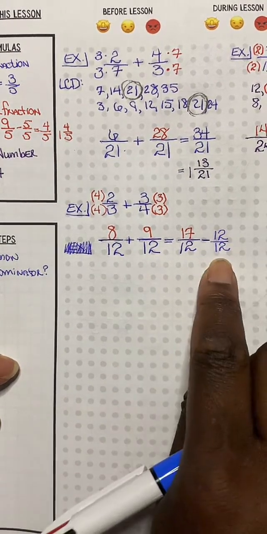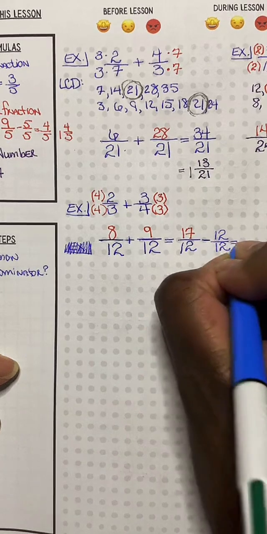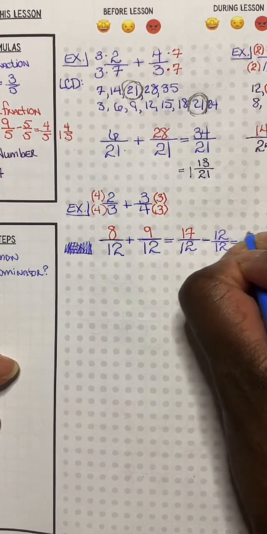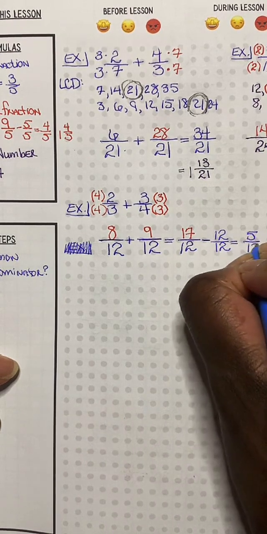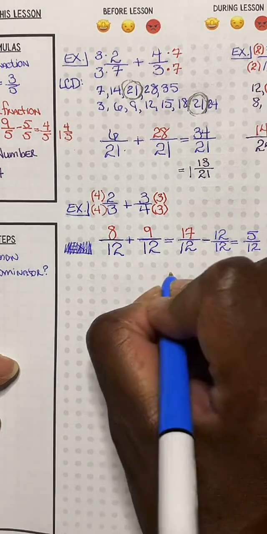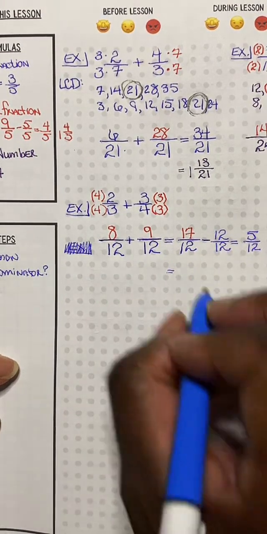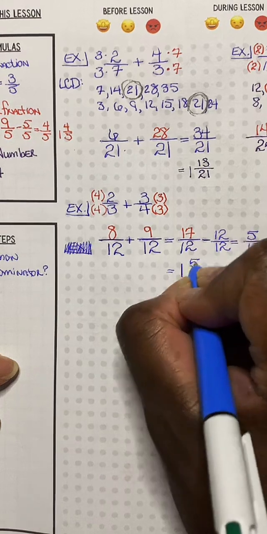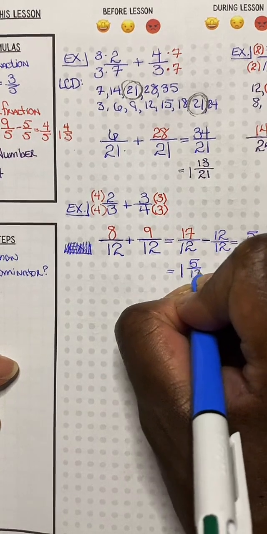Okay, so that's my one whole. Now, 17 minus 12, that will give us 5 twelfths. So to make this a mixed number, we have 1 and 5 twelfths.